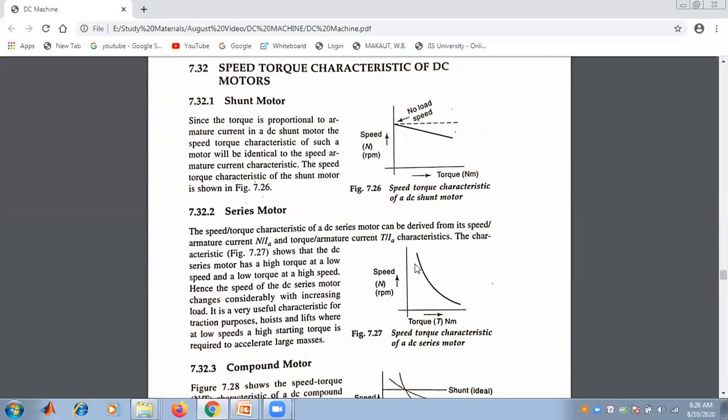It is shown that the DC series motor has a high torque at low speed. When the speed is low, the torque is high.